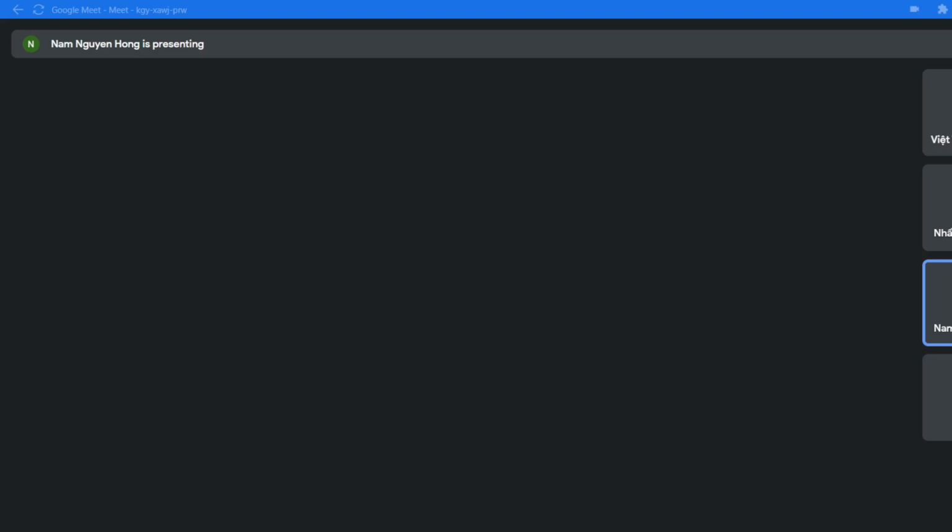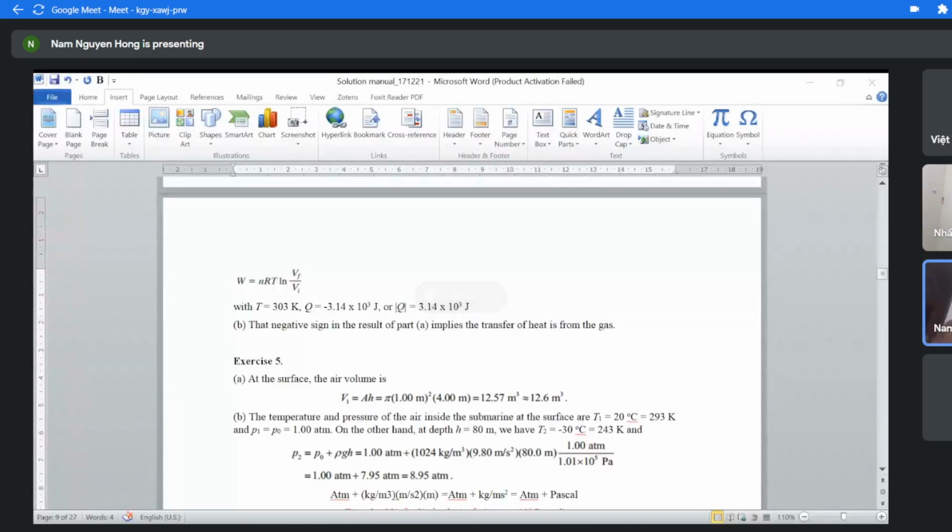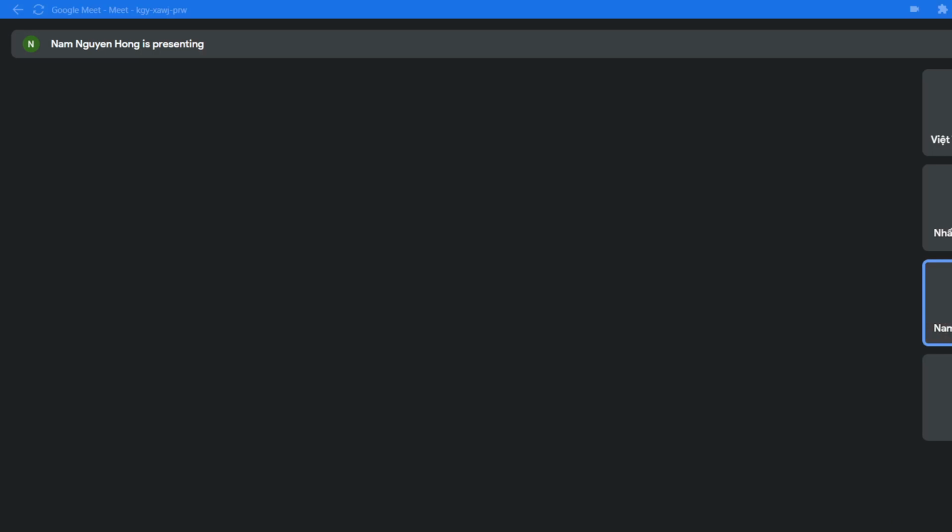Then the problem is that the temperature and the pressure at sea level will be very different from what we have at depth 80 meters, right?